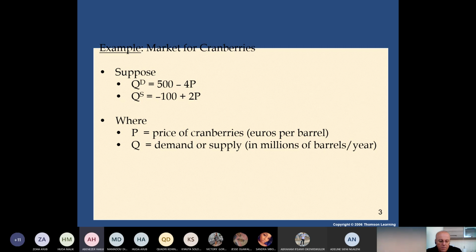Do we have to find the price? Yes, the price. Tell me your name. Abenezer. The price is 100. And the equilibrium quantity? It's 100 as well.